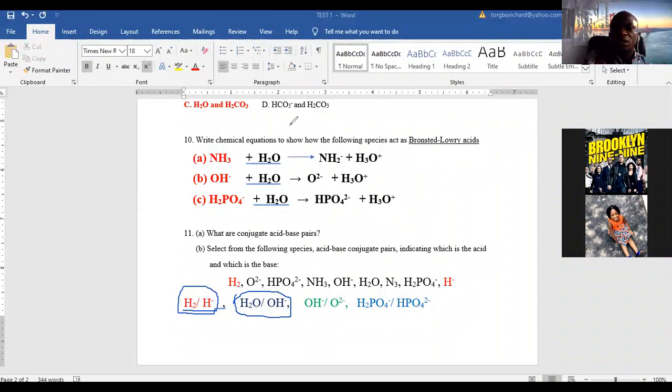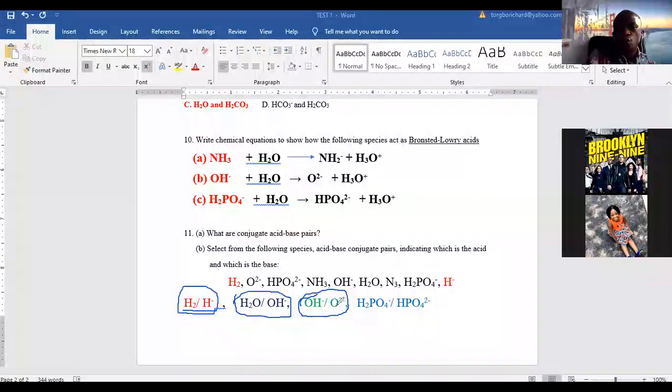Another one is OH minus and O2 minus. I'm telling you, it's also another pair. OH minus slash O2 minus. The difference between them is hydrogen. If OH minus loses a proton, then you're left with O2 minus. If O2 minus accepts a proton, then you will have OH minus.